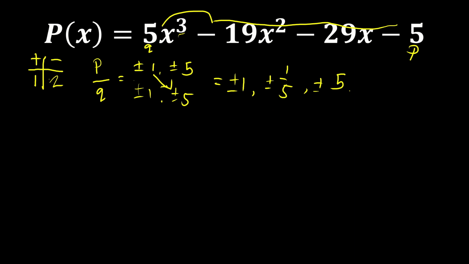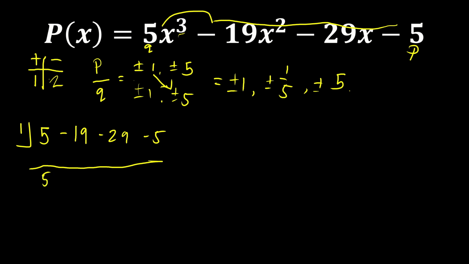So let's try synthetic division. O, unahin muna natin yung mga whole numbers para mas madali. So try natin. Diba, isang positive lang naman. Malay mo, si positive 1 pala yun. So we have 5, negative 19, negative 29, negative 5. So bring down the first term, 5. 5 times 1 is 5.